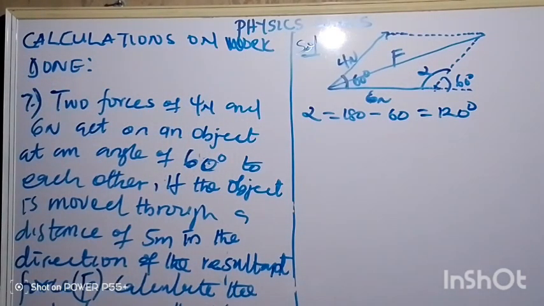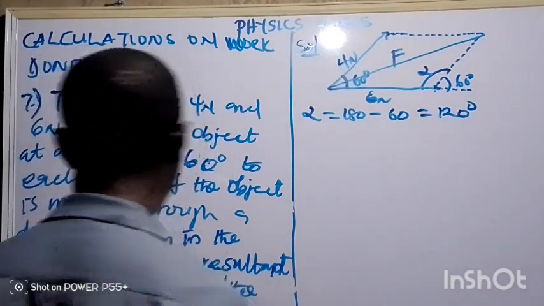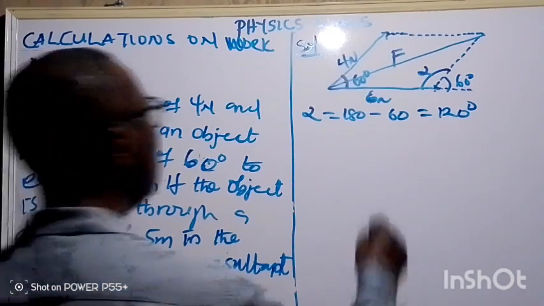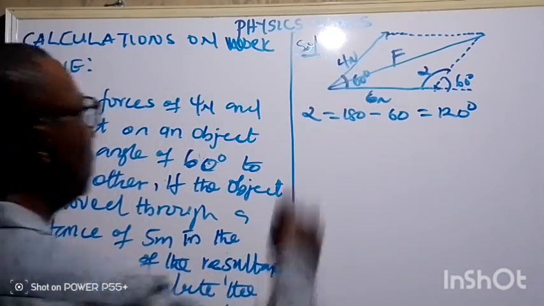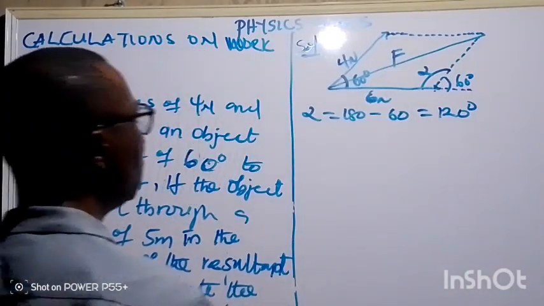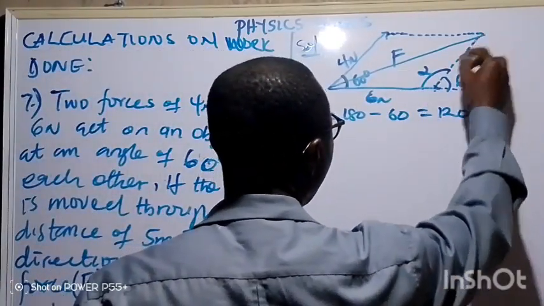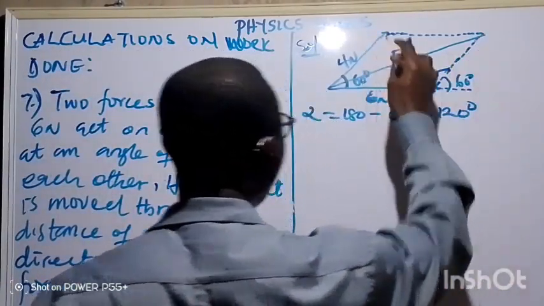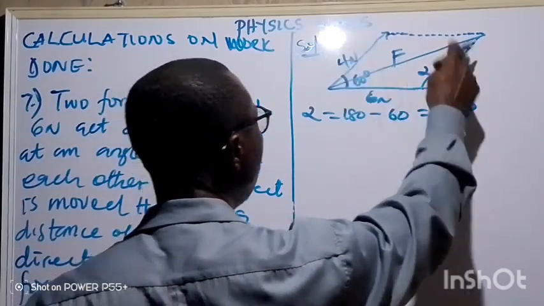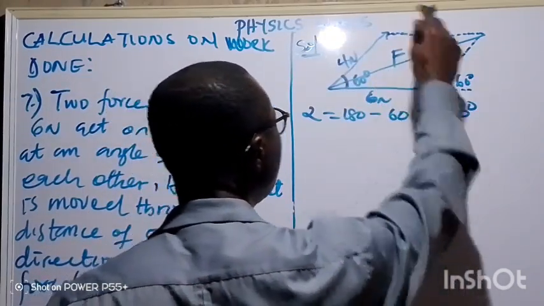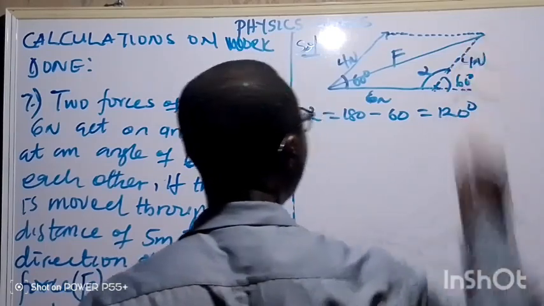Now, to calculate the resultant force, according to the parallelogram law of vectors, this side is 4 Newton, this side also, for a parallelogram, opposite sides are equal. 4 Newton, 4 Newton, 6 Newton, 6 Newton. So this place also will be 4 Newton.